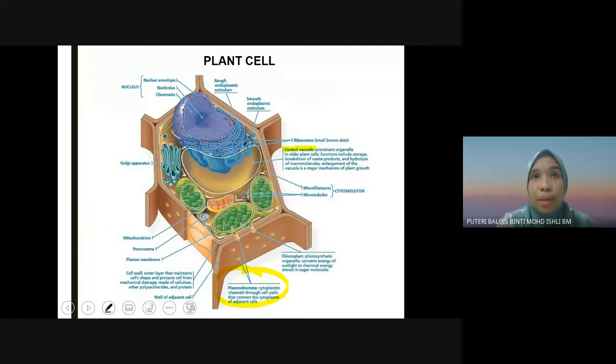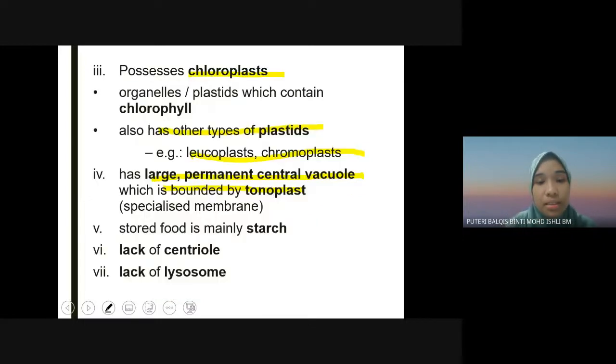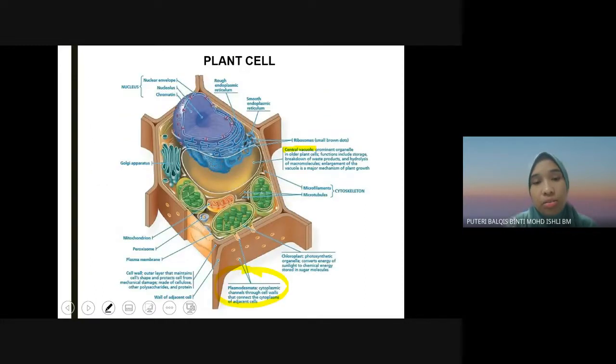Maksudnya dia punya membrane tu kita panggil dia sebagai tonoplast. And the stored food is mainly starch. Dia akan store food in the form of starch, lack of centriole, lack of lysosome. Okay, so this is plant cell.